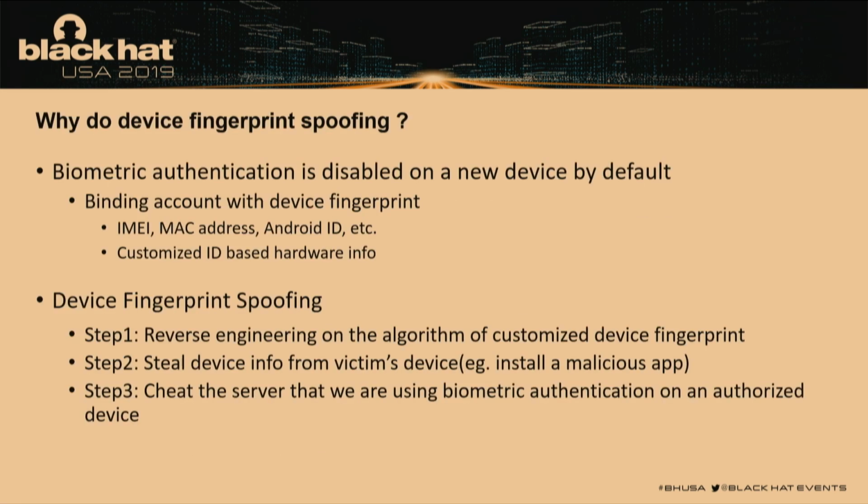When we did this research, we found that if biometric authentication for an app is not enabled by default on a device, but we forge it so that the server collects the local device fingerprint and uploads it, and then they store and bind all this information to your account, after that they can enable it.